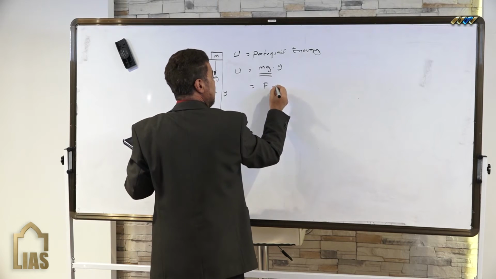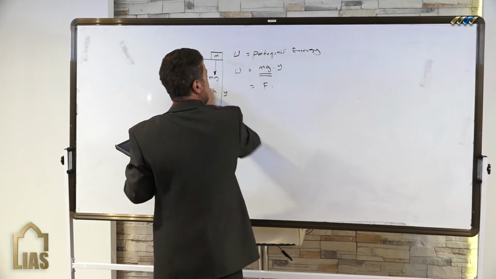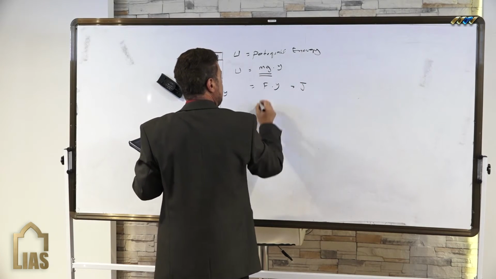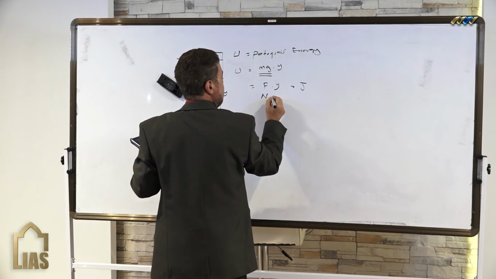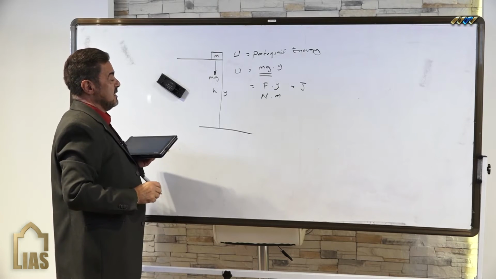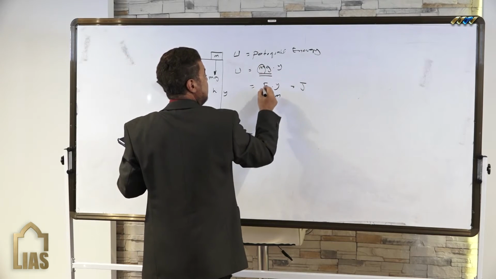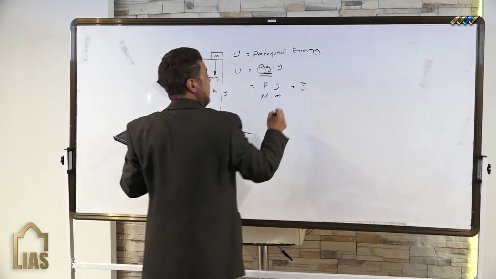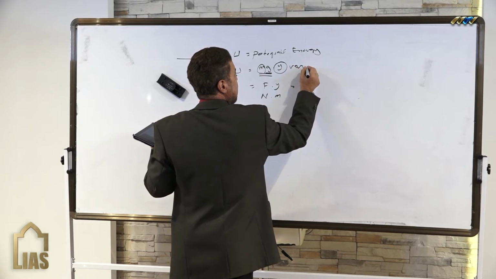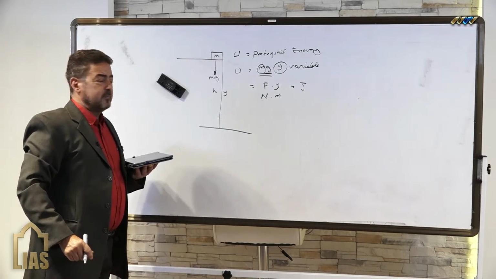On the horizontal scale we say Fx, but on the vertical scale we say Fy. The unit is the same: joule, because it is Newton meter. Mass is constant, g also is constant, then the variable is y.